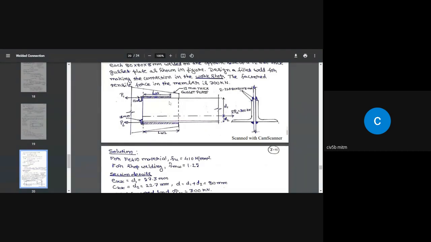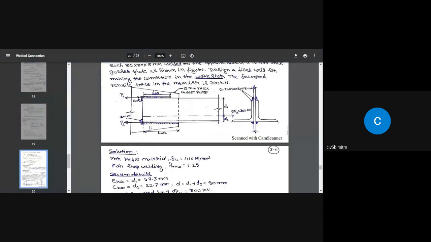So in the examination, if nothing is mentioned, you can provide welds on these two sides, or you can provide welds on this side, on this side, on this side. That is on three sides. Okay. The choice is yours if nothing is mentioned. If they say provide welds on two parallel sides, so this is what you are going to do.